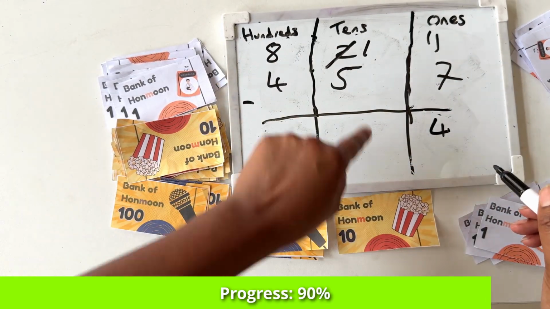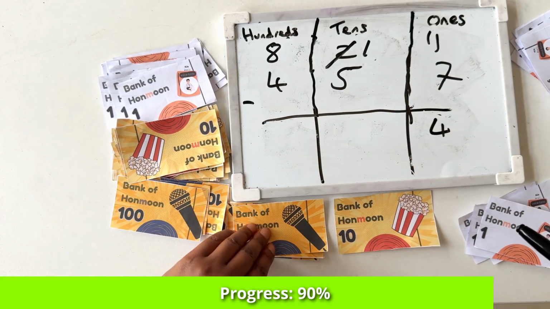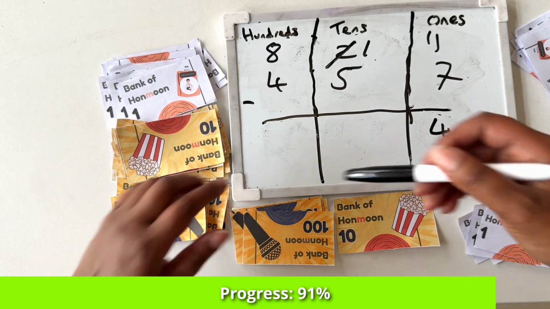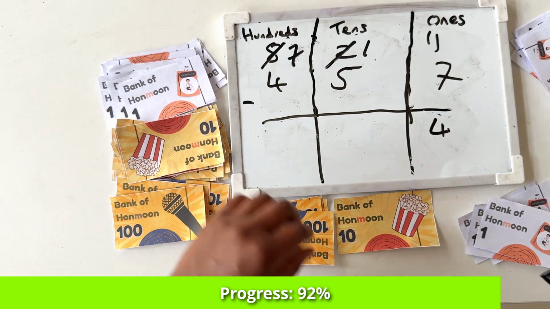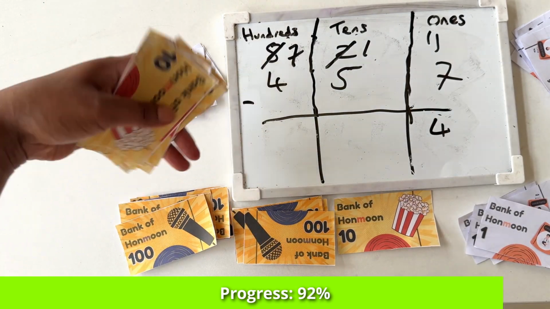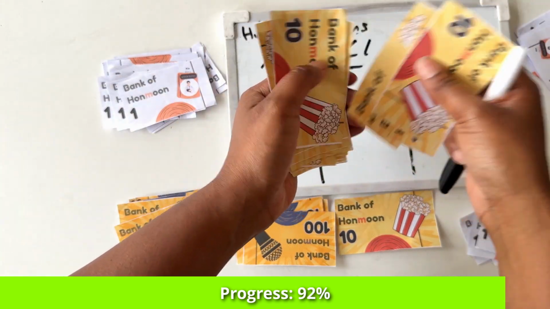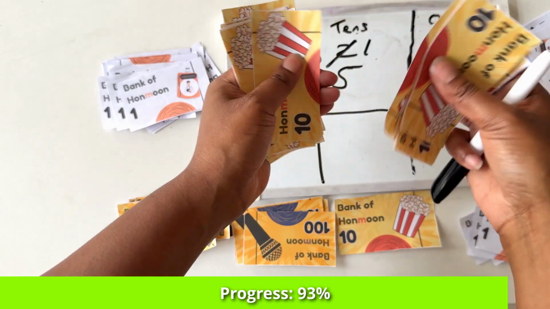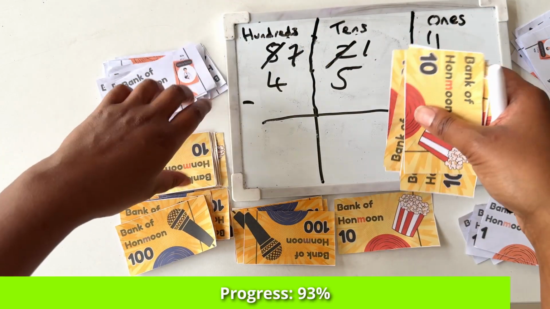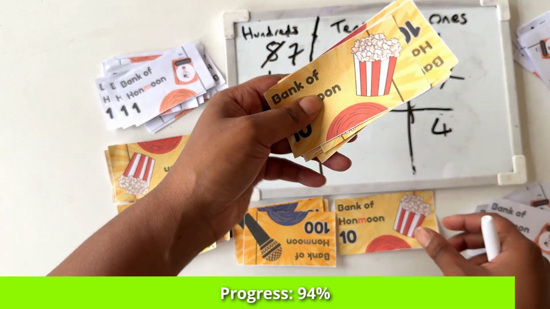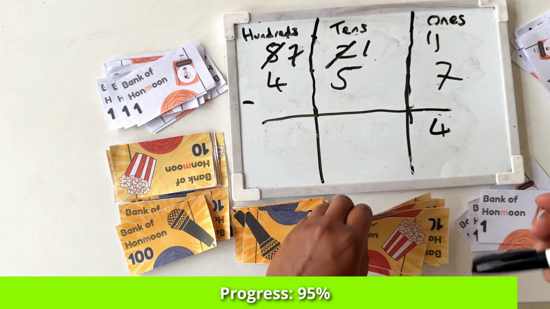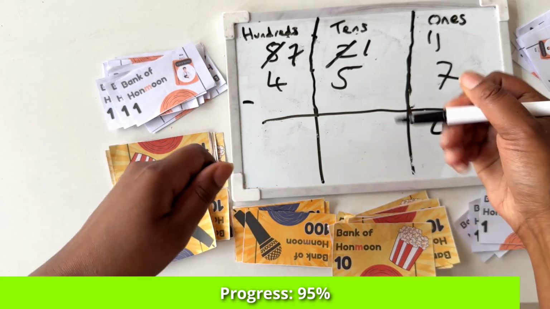I've got 1 ten. I need to take away 5. That's not enough. I'm going to take one of my hundreds, which makes that 7. And I'm going to bring in 10 tens. 1, 2, 3, 4, 5, 6, 7, 8, 9, 10. Otherwise 10, 20, up to 30, 40, 50, 60, 70, 80, 90, 100. So I've got 11 here now.